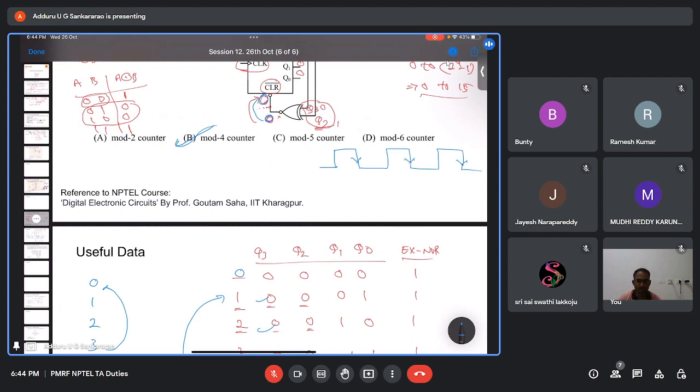At the negative edge of the clock, based on the inputs, the state will change, right? Let us say for a JK flip flop, both the inputs are 1. Now at the negative edge, if the previous state is 0, it will become 1. If the previous state is 1, it will become 0.